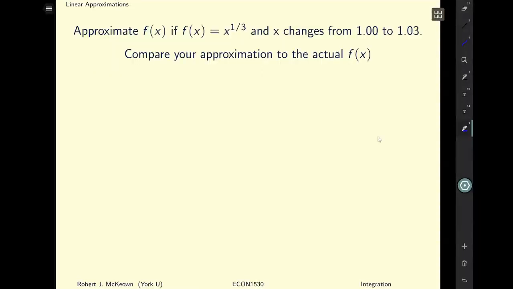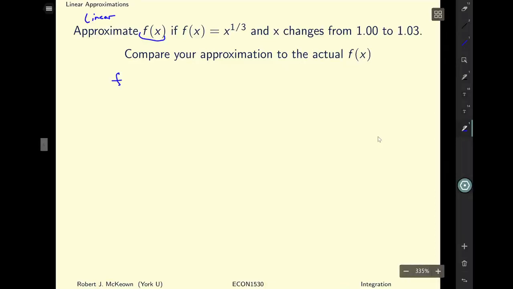The question is asking us to approximate f of x, and we're going to do that with a linear approximation, because that's all we know so far. And we're given the change in x, and then we're being asked to compare our approximation to the actual f of x.